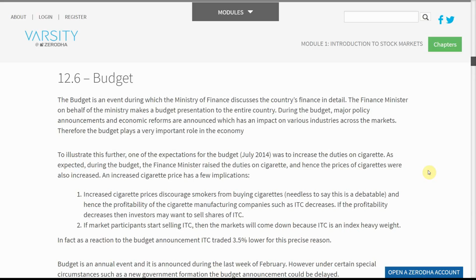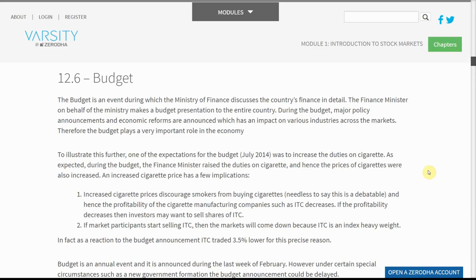Therefore, the budget plays a very important role in the economy. To illustrate this further, one of the expectations for the budget, July 2014, was to increase the duties on cigarette. As expected, during the budget, the finance minister raised the duties on cigarette, and hence the prices of cigarettes were also increased.